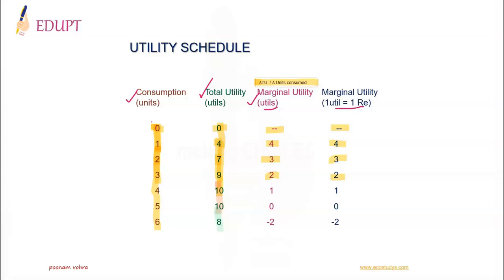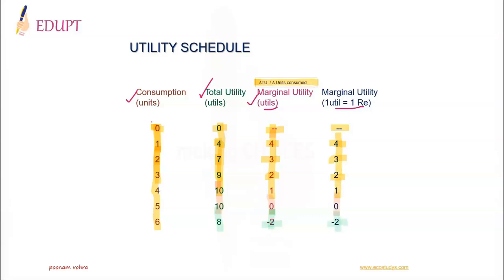So marginal utility falls till 4 units, then it becomes 0, and when 6 units are consumed, marginal utility is negative. So is the case with marginal utility in money terms.